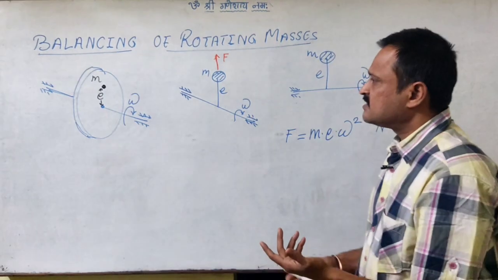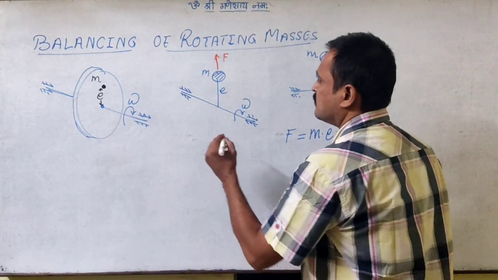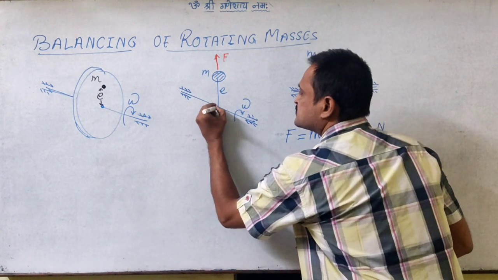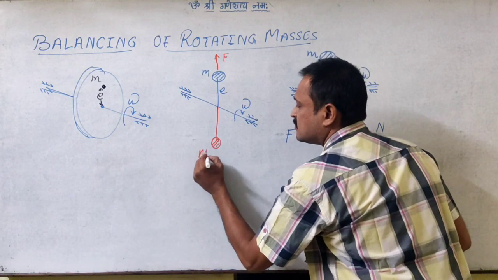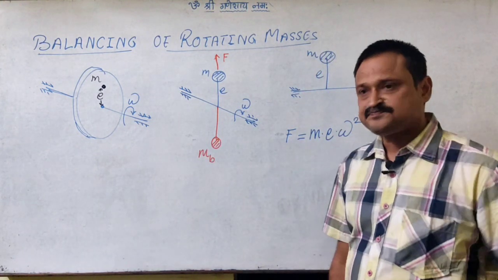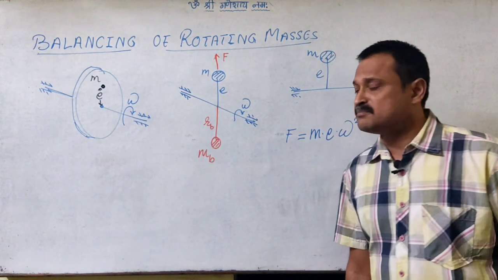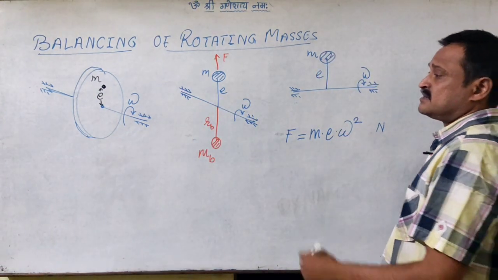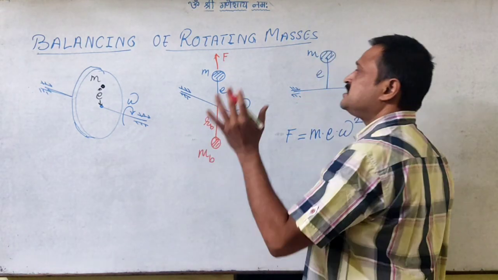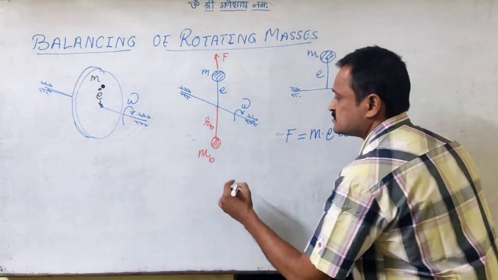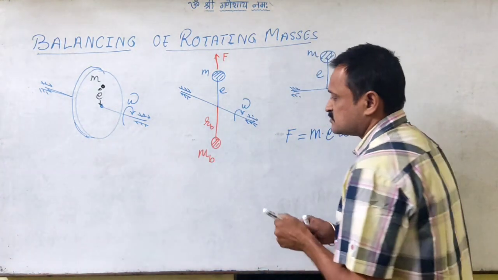I can provide a mass exactly opposite to it, which I'll call a balancing mass, at a certain radius, let us say RB, and I want the magnitude of this force to be the same.